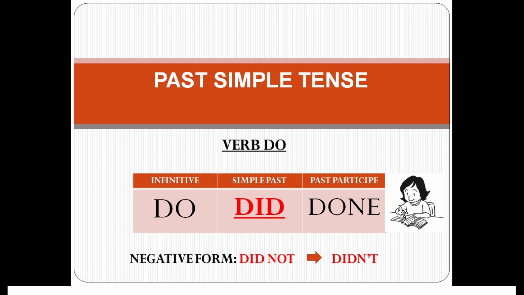The list of irregular verbs has 3 columns. First is infinitive form or basic form of the verb. Second is past simple form, which is used for past simple tense. And third is past participle. Did is the past simple form of the verb do.